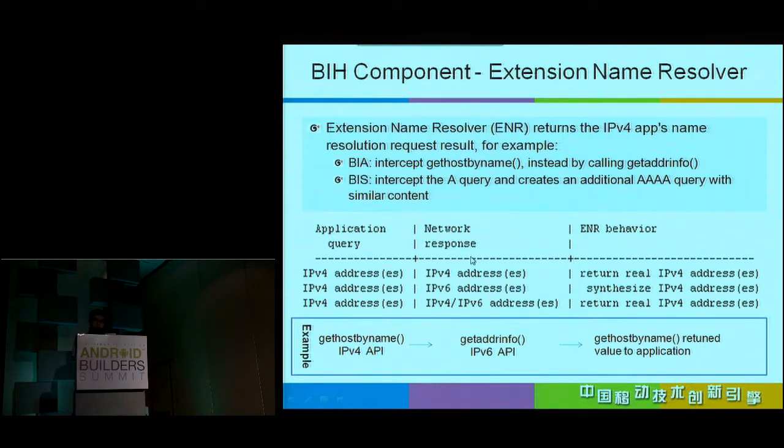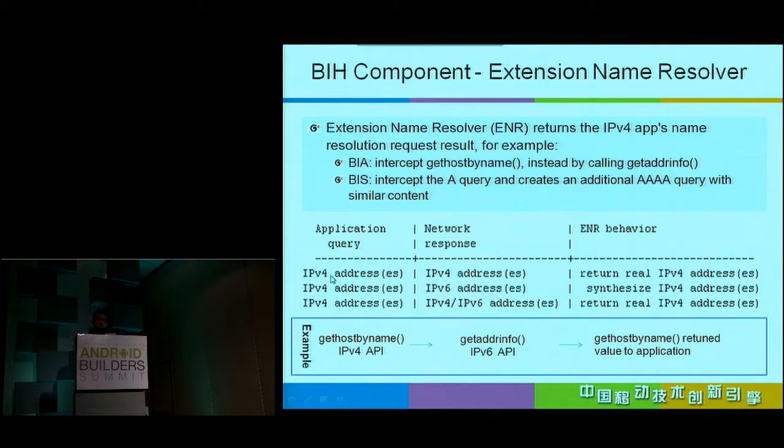Another case is getaddrinfo returns both IPv4 and IPv6 addresses. So in this case, the device can connect to both IPv4 and IPv6 network nodes. In this case, we don't need the BIH to do the IP translation, so we just return the IPv4 address to the application.